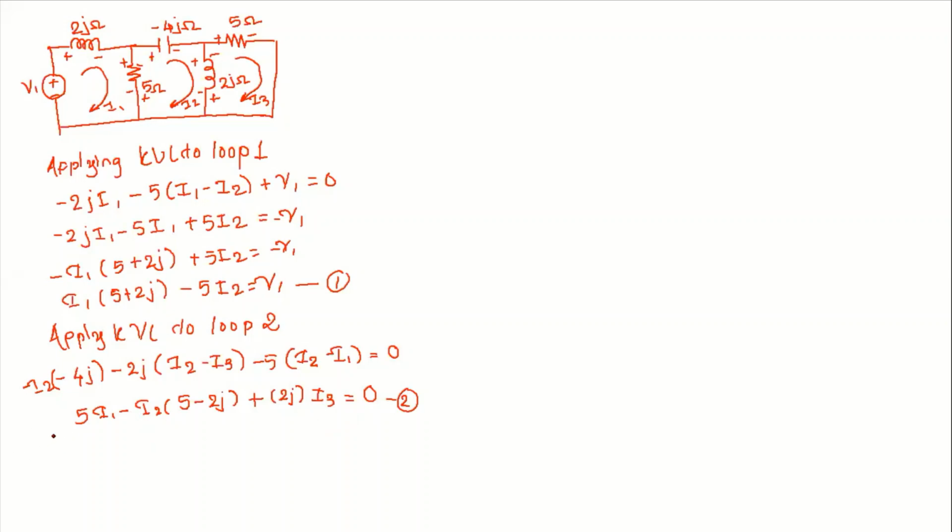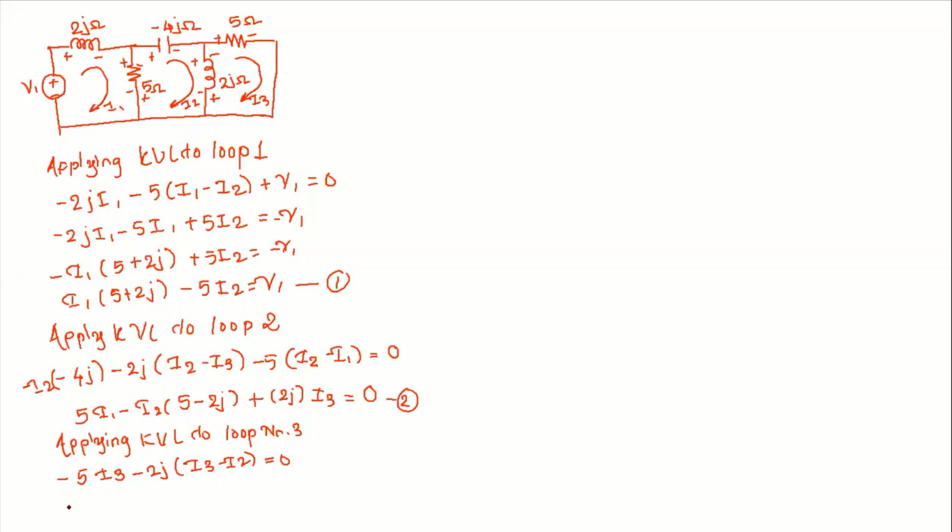Now we have to apply KVL to loop number 3, again performing a mesh analysis. Only 2 elements are there, so our equation will be minus 5 I3 minus 2j into (I3 minus I2), which is equal to 0.